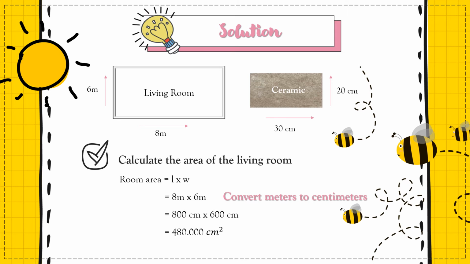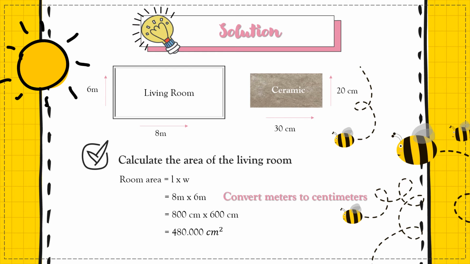We will get a length of 800 centimeter and a width of 600 centimeter. 800 centimeter times 600 centimeter equal 480,000 centimeter square.